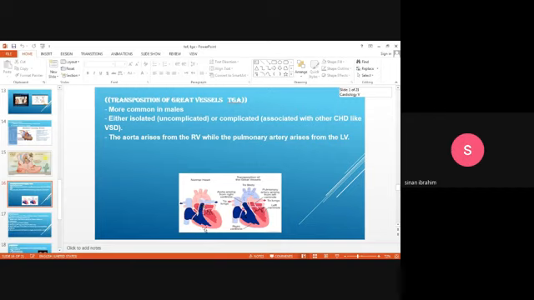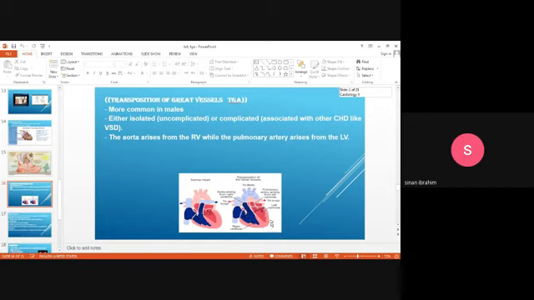As we know, normally the aorta arises from the left ventricle, while the pulmonary artery arises from the right ventricle. In DTGA, the opposite occurs. The pulmonary artery arises from the left ventricle, while the aorta arises from the right ventricle.